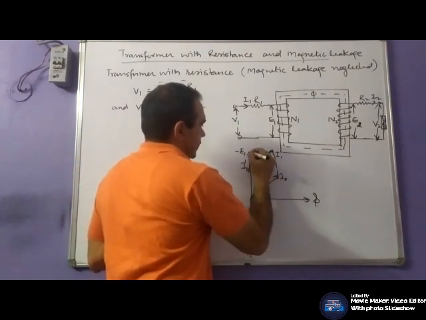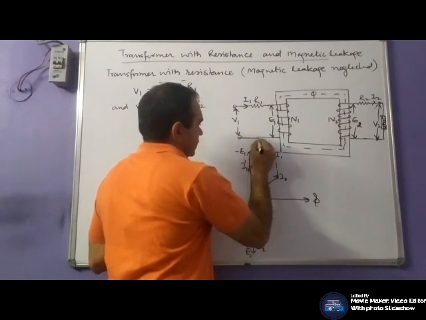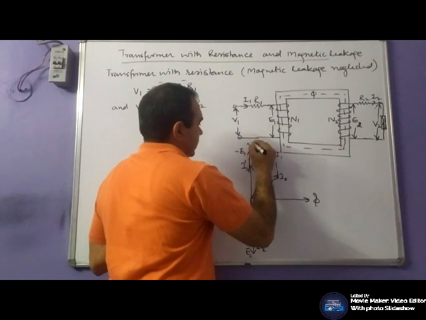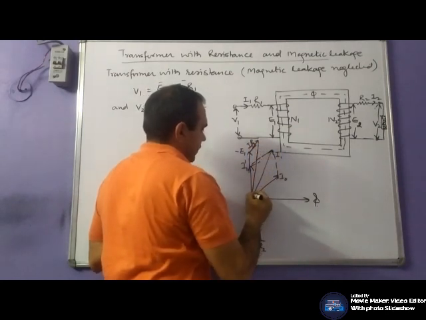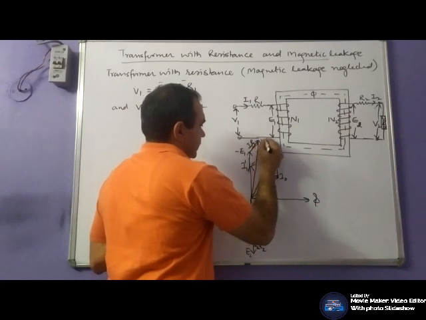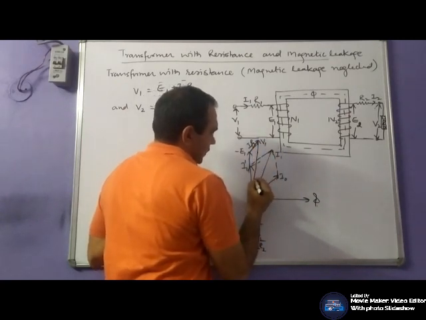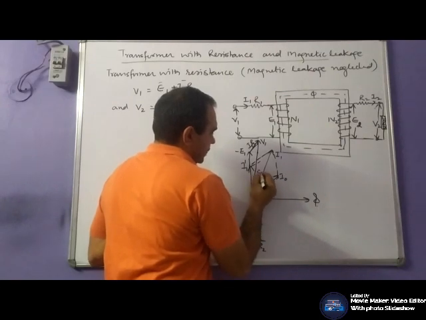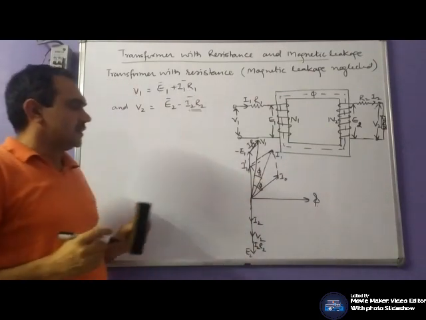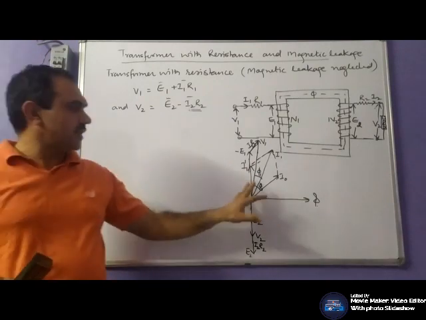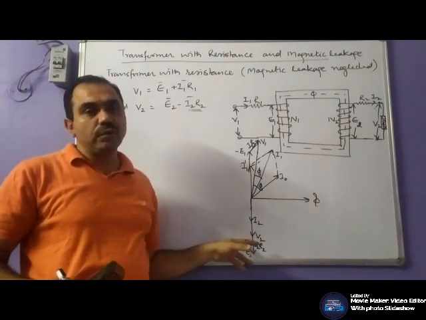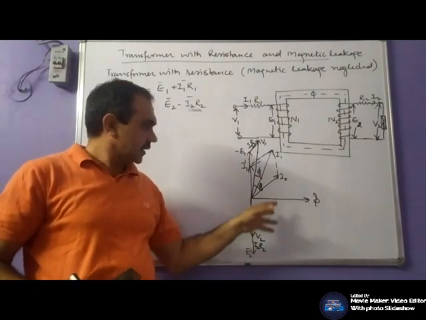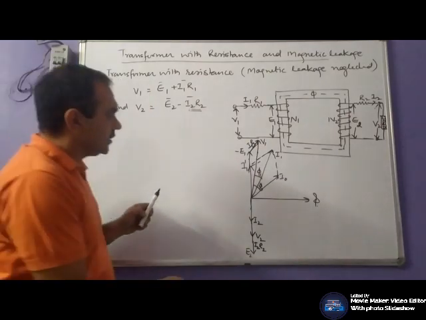So draw a line parallel to this, I1 R1, and this will be the voltage V1. This is phi naught and this is phi 1. So this will be the case where the load is a pure resistive load. You will get a better understanding.